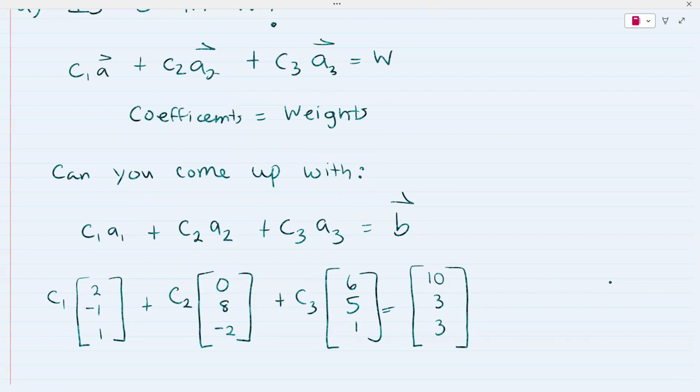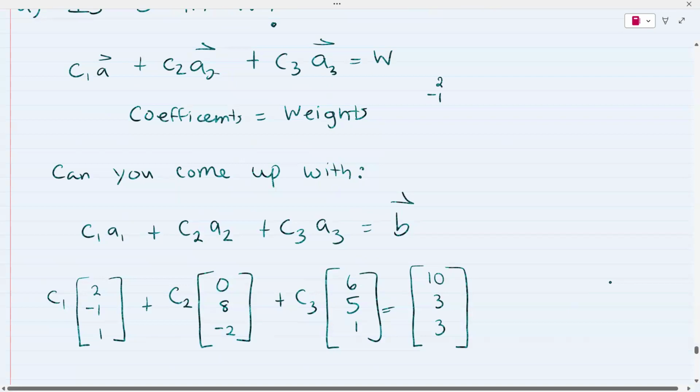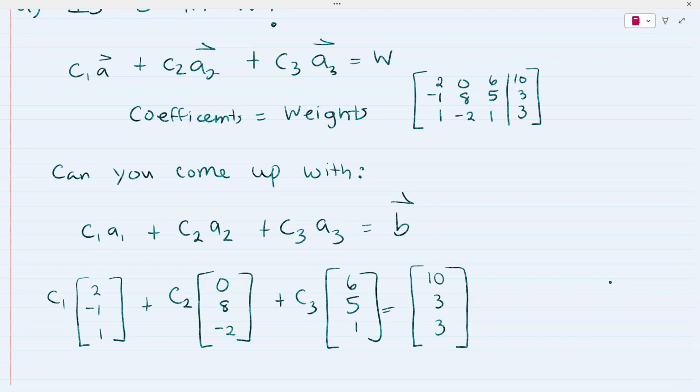So we're going to set it up as 2, -1, 1, 0, 8, -2, 6, 5, 1, and then it's 10, 3, 3. So we want it in row echelon form, right? We want the diagonals to be ones, and we want everything under column 1 to be zeros.